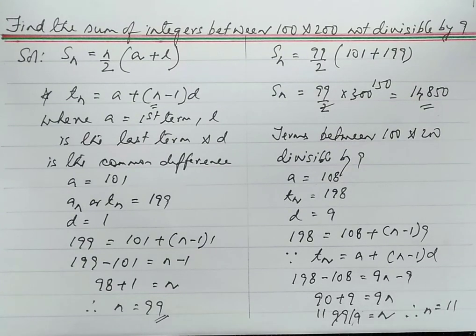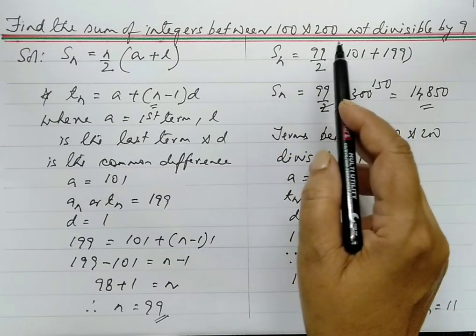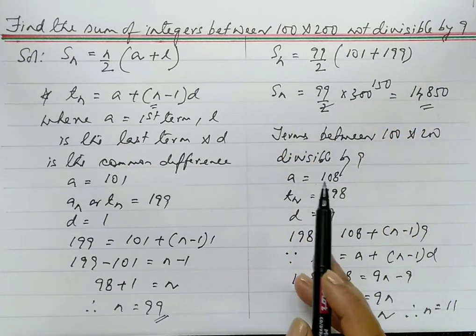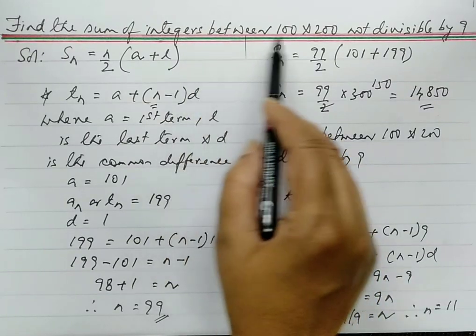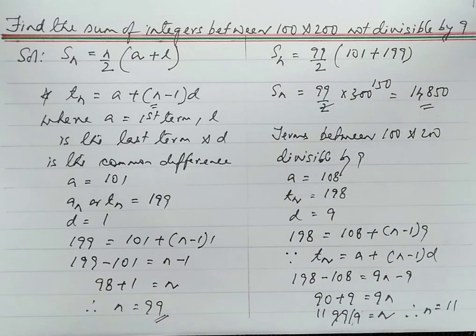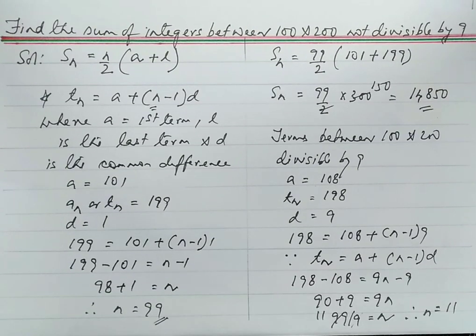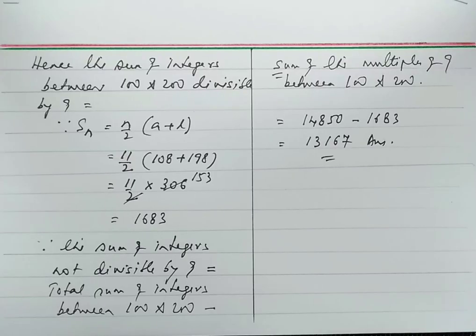So n equals 11. Got it? So this simple, we have found how many integers there are between 100 and 200 that are multiples of 9, which is 11. All right. Now let's go to the next page.